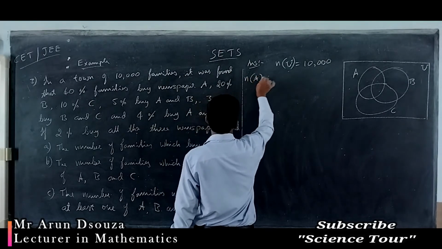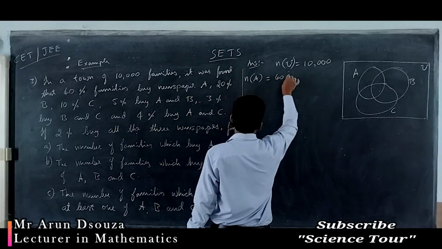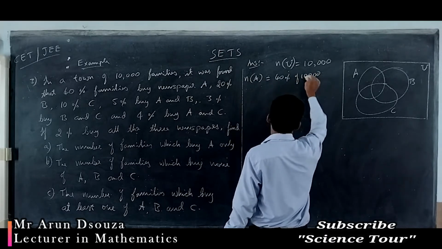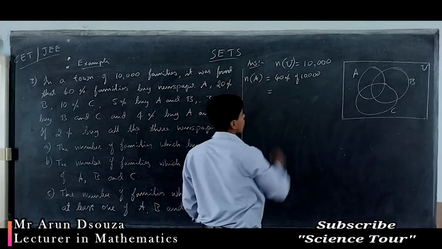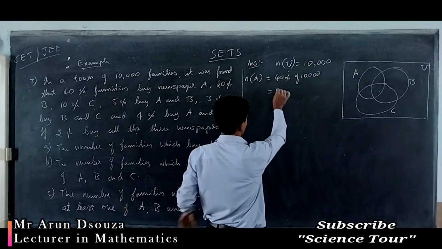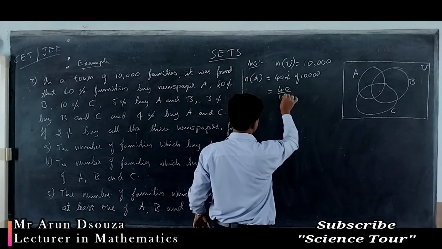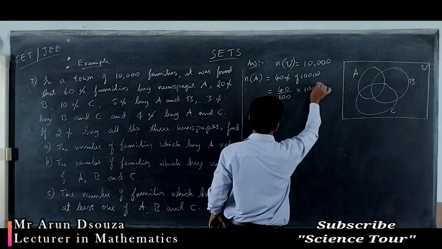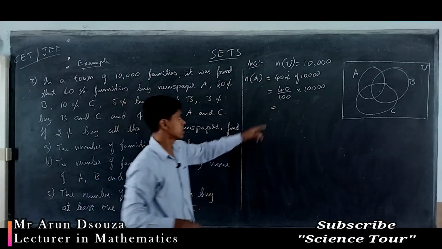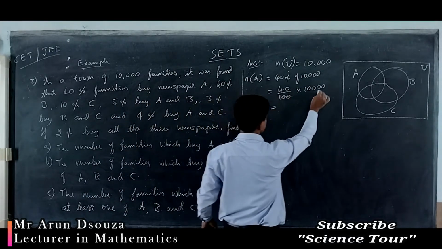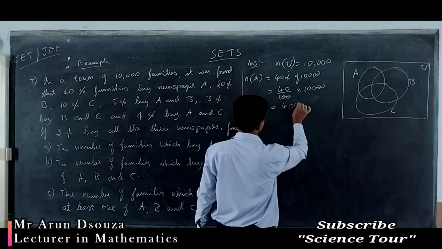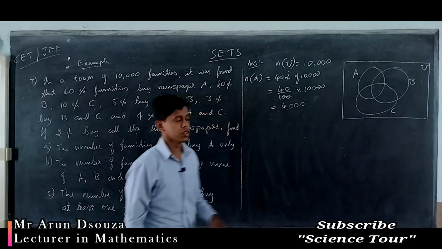So n of A is 40% of 10,000. What is the meaning of 40%? 40 per cent of 10,000. So that is 4,000.